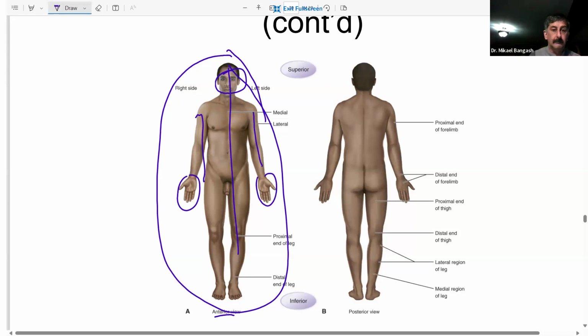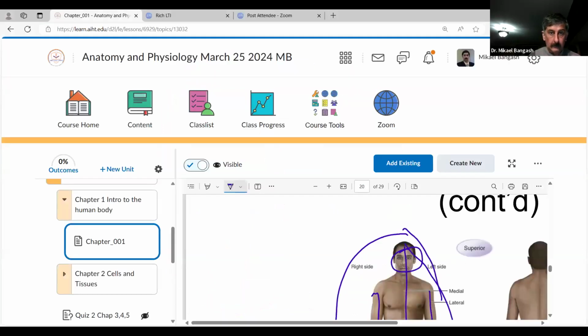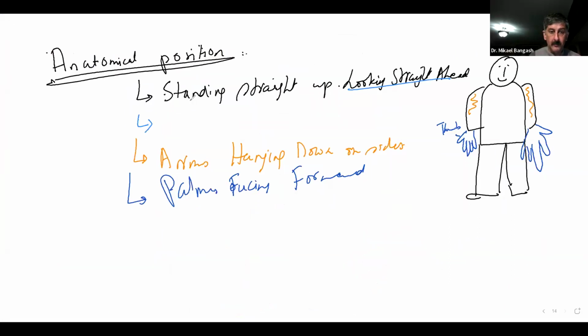Did you guys get that? If you just remember it the way that I just told you, that's okay. You can break it down: standing straight up, looking straight ahead, arms hanging down the side, palms facing forward.